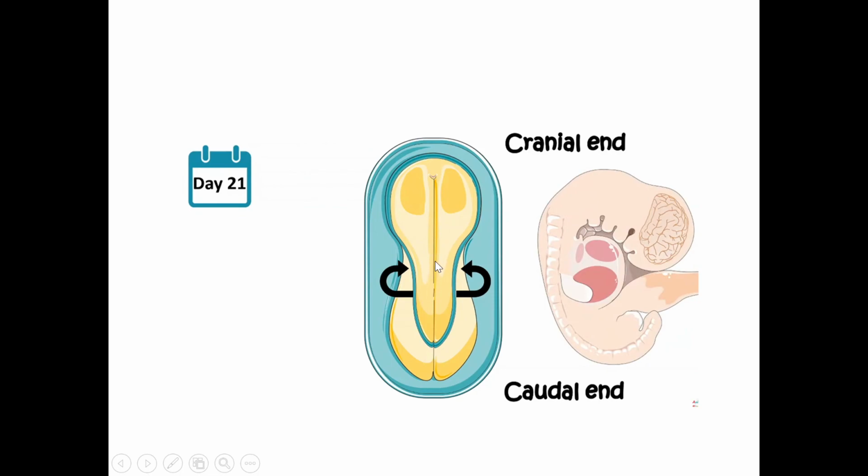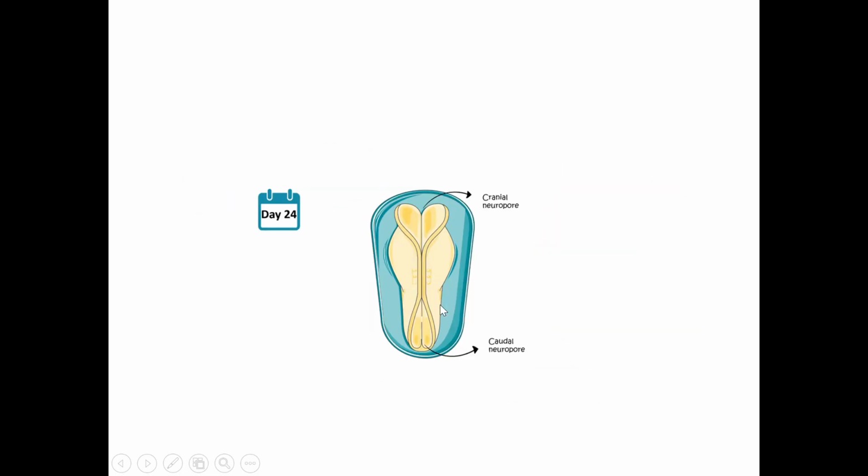The folding starts from the middle, and then this folding continues upwards and downwards. By the end of day 24, we can see that the folding is still progressing. It starts in the middle, and this forms your upper end, which is called the cranial neuropore, and this forms the lower end, which is called the caudal neuropore.